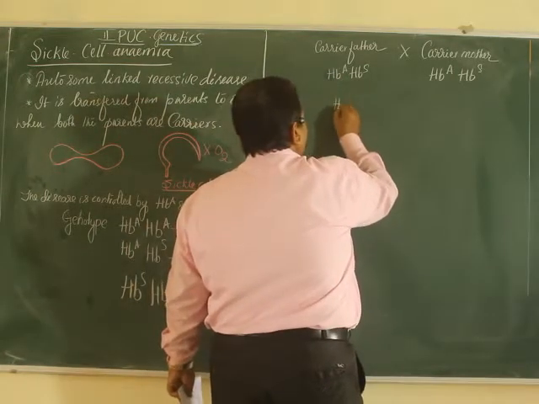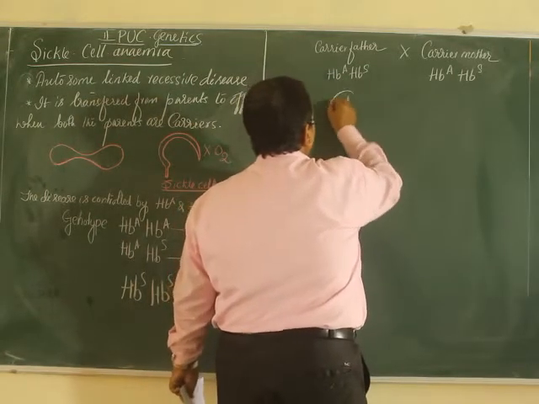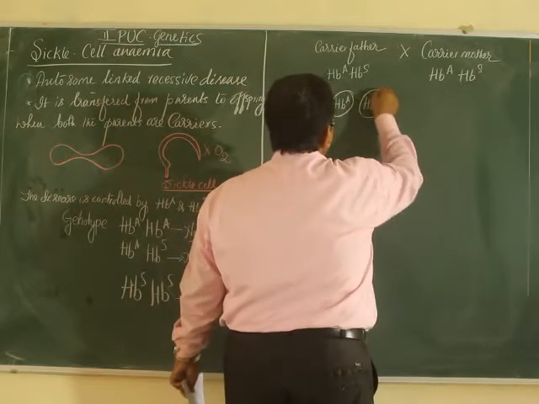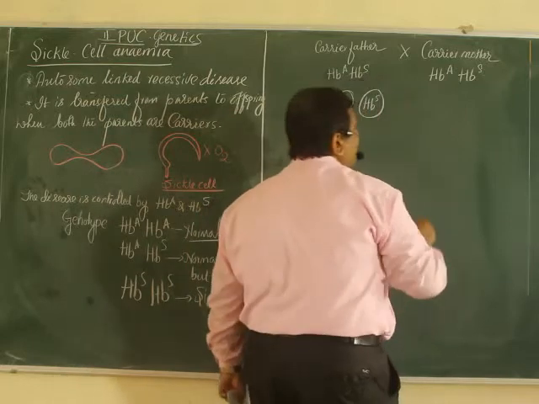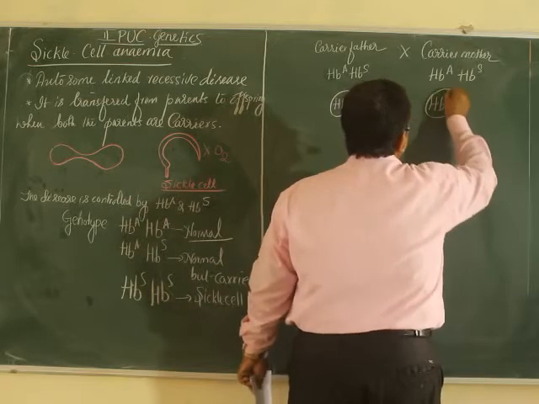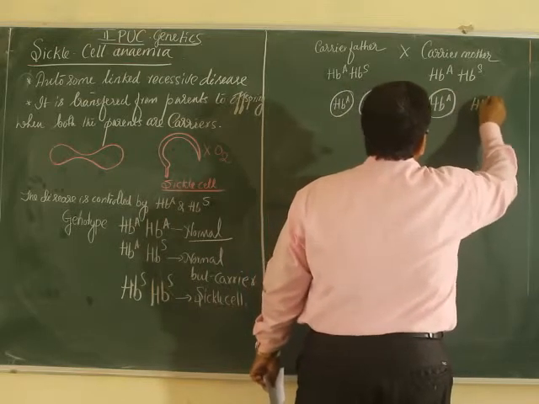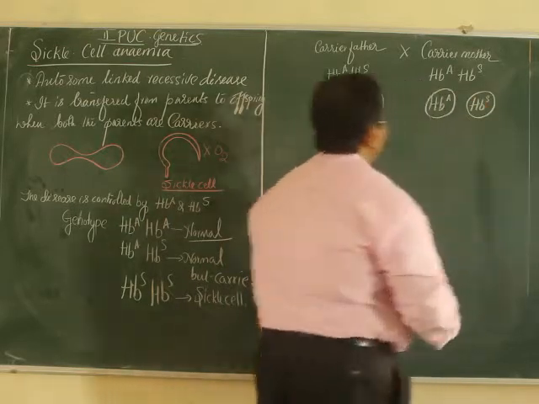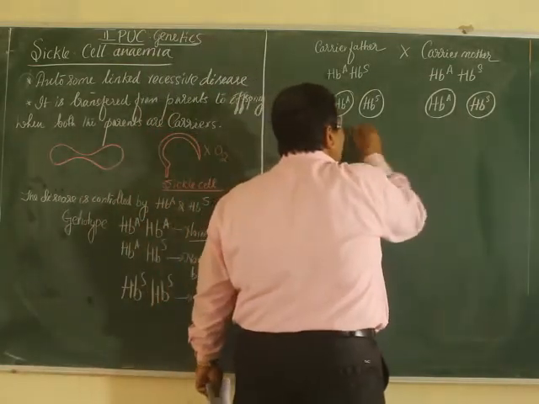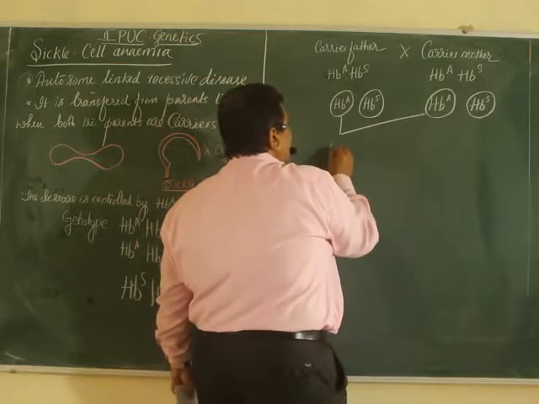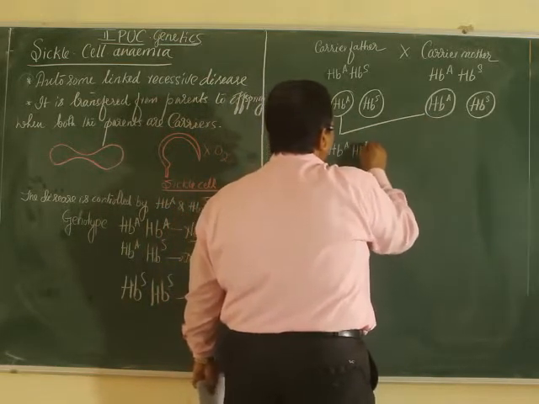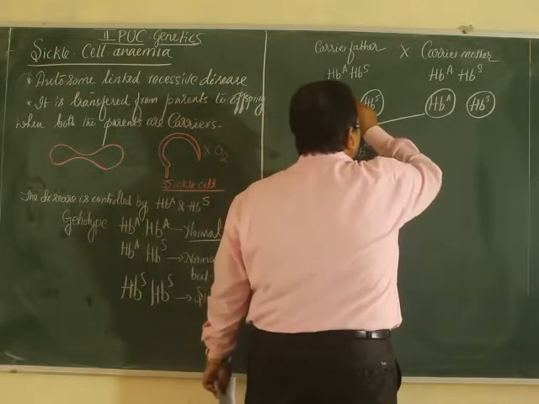The HBA and HBS alleles will separate during gamete formation. Here also HBA and HBS will separate, and then they will combine. HBA will combine with HBA.